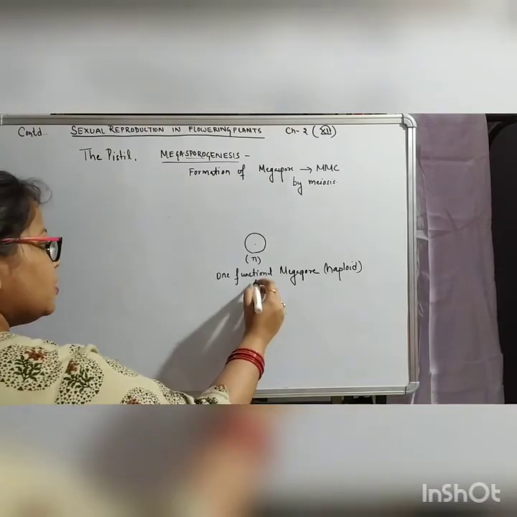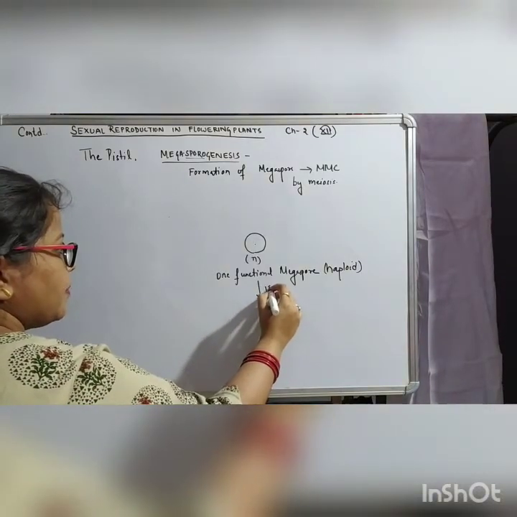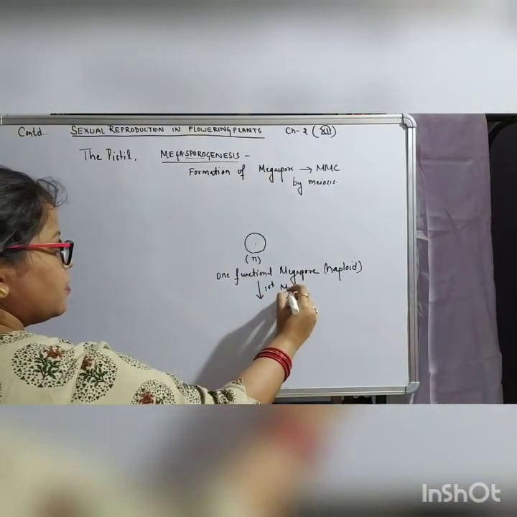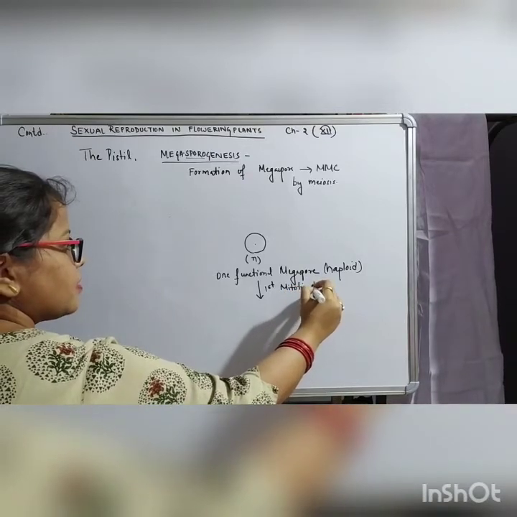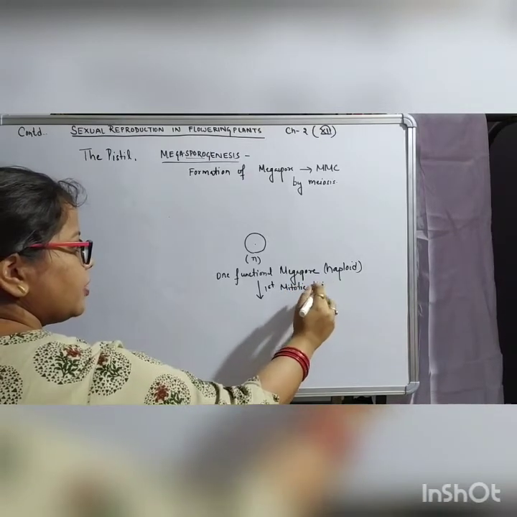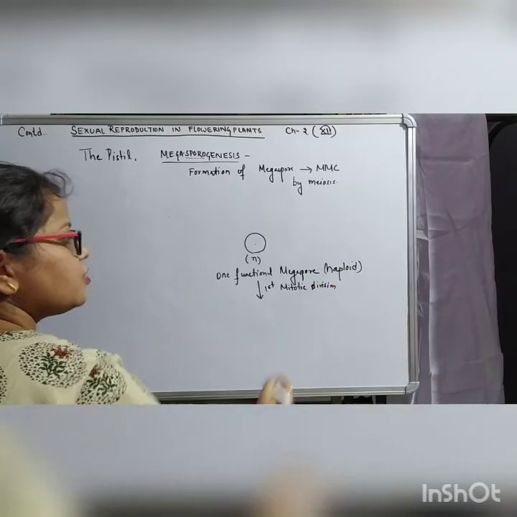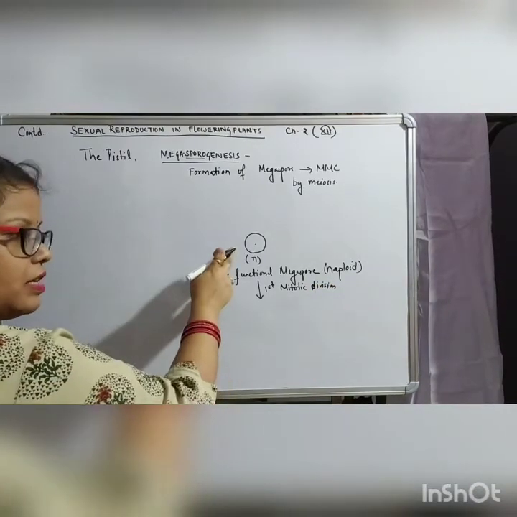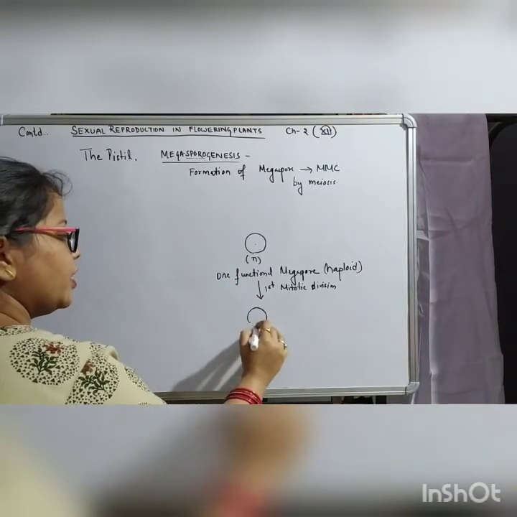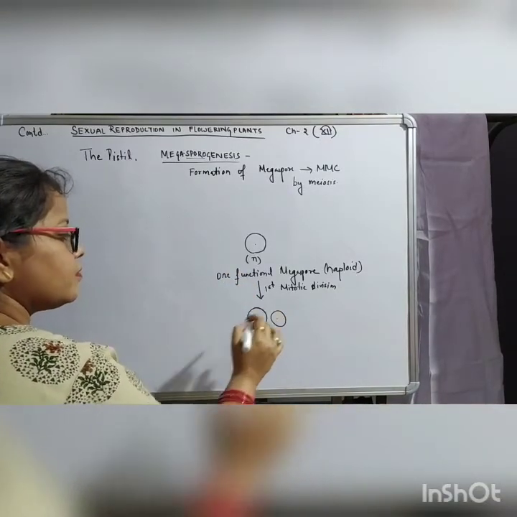The first mitotic division will take place. It's an equational division, and since the cell is 1, we will end up with 2 cells.